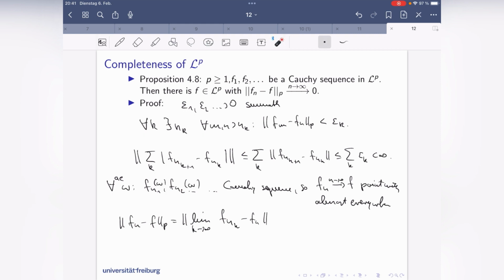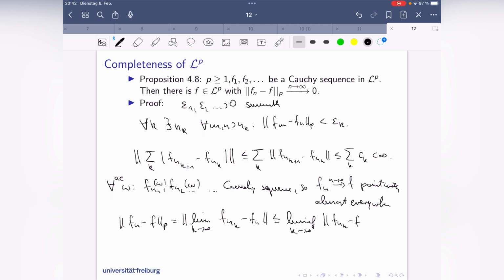The lemma of Fatou says that mu of a limit is smaller or equal than the limit of the mu's, at least the lim infs for existence. That always holds for non-negative sequences, and they are non-negative here under the integral.